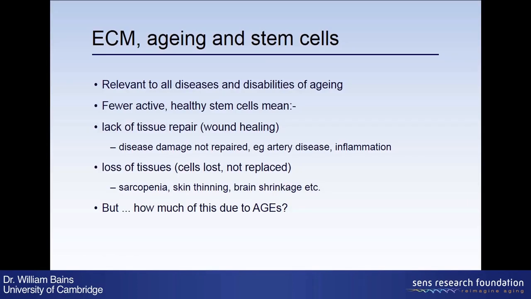The importance of thinking about stem cells in the extracellular matrix is that this is relevant to all diseases and disabilities of aging. It's not just heart disease or brain disease. Regenerating any part of our cells relies on stem cells. Repair and maintenance rely on stem cells. So fewer active, healthy stem cells means lack of tissue repair and lack of repair of damage from artery disease and inflammation, and also a loss of tissue, because we're growing and repairing and rebuilding all the time.